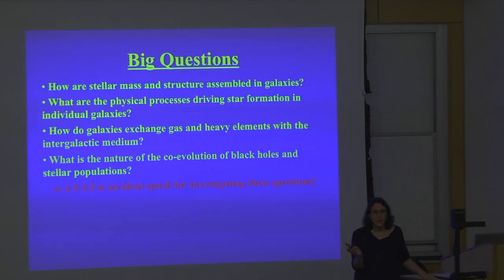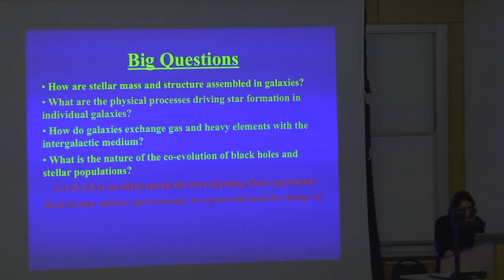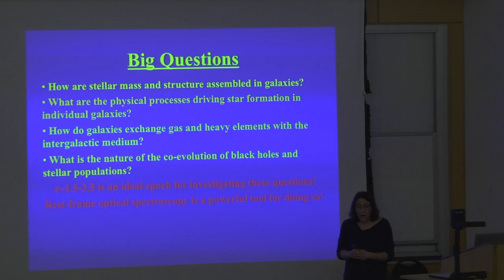It's this active period of the universe when the patterns that we see in the universe today are not all set. What we're going to talk about now is why rest frame optical spectroscopy, which is what we're using the MOSFIRE instrument on the Keck telescope to do, is a very powerful tool for trying to address these questions.